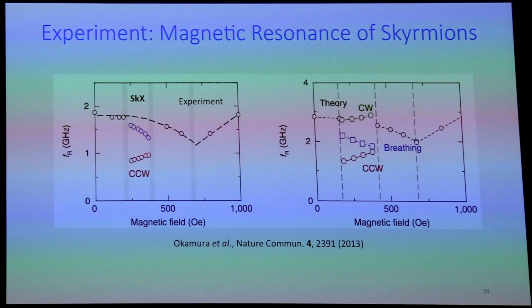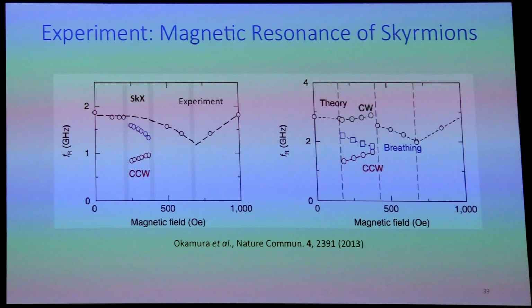Using magnetic resonance in a bulk system, they also detected that in the Skyrmion crystal phase, the energy difference of those modes was getting smaller and smaller. But in that bulk system, they don't quite get to match their energy because the transition to the conical phase stopped them.